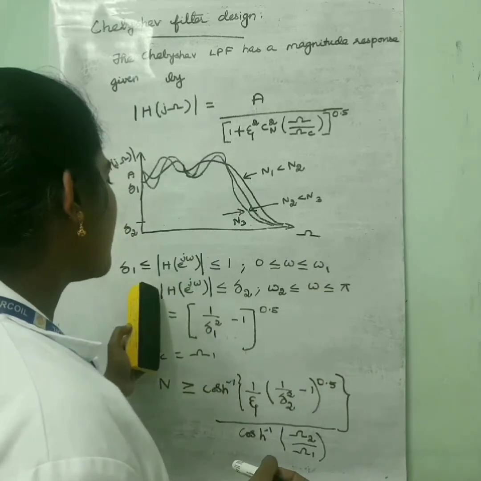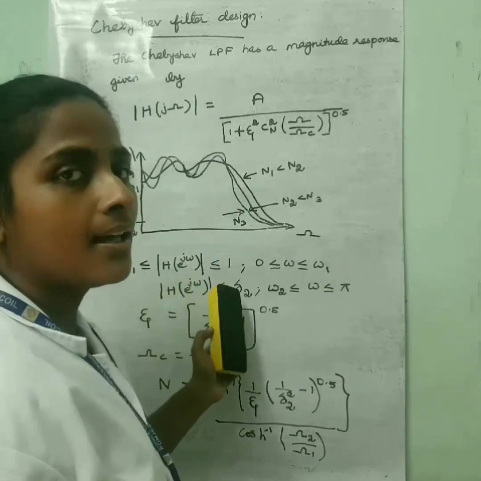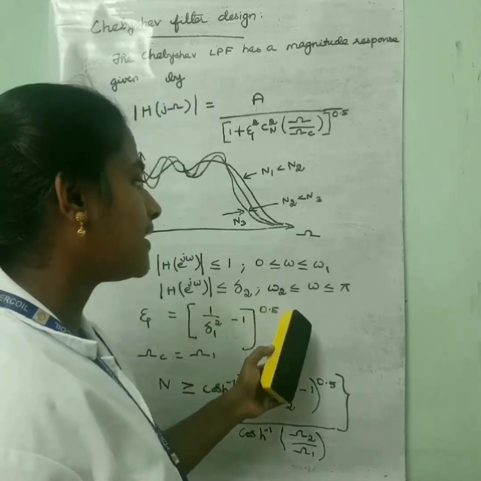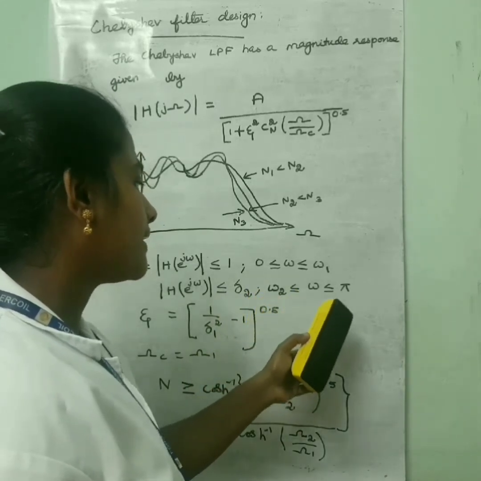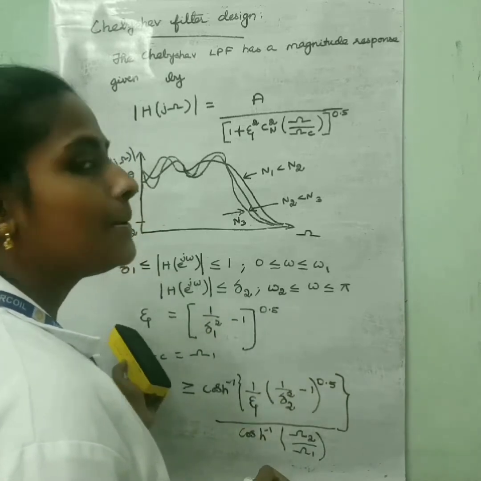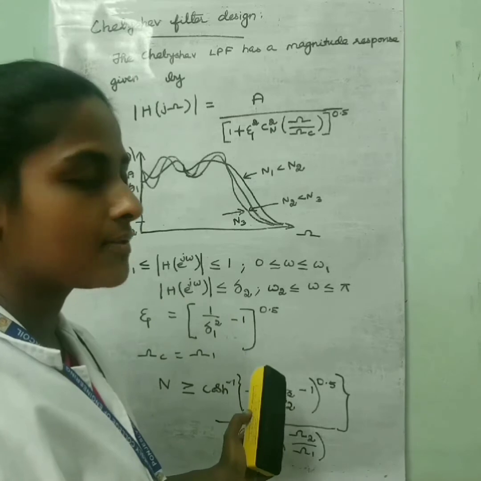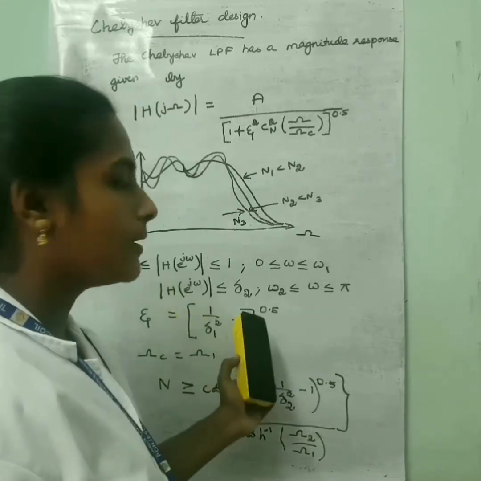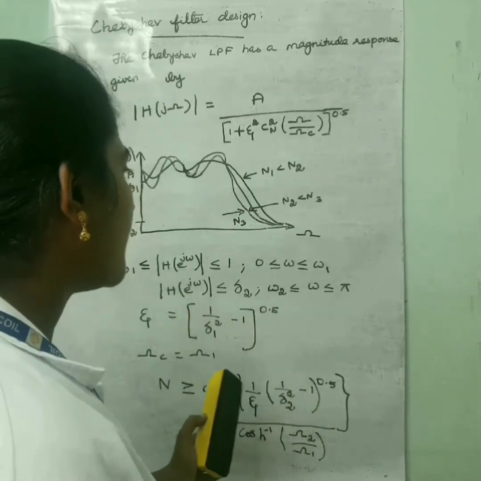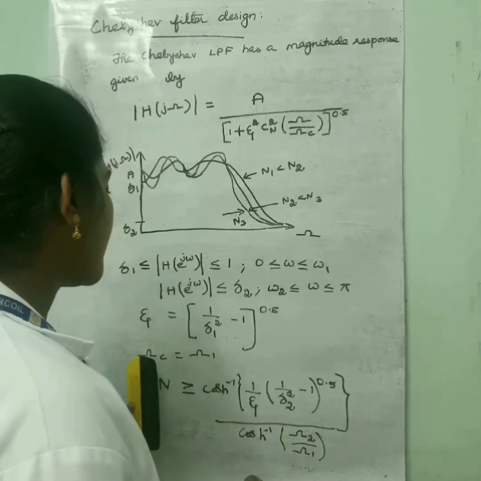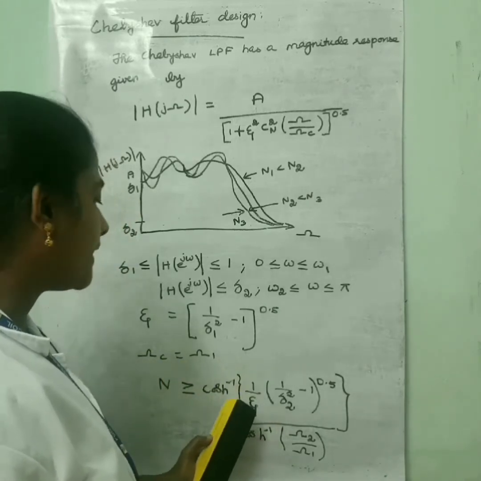Then modulus of H of e power j omega less than or equal to del 2 for omega 2 less than or equal to omega less than or equal to pi. The value of epsilon is equal to (1 by del 1 square minus 1) to the whole power 0.5. Here omega c is equal to omega 1, that is, the cutoff frequency equals omega 1.